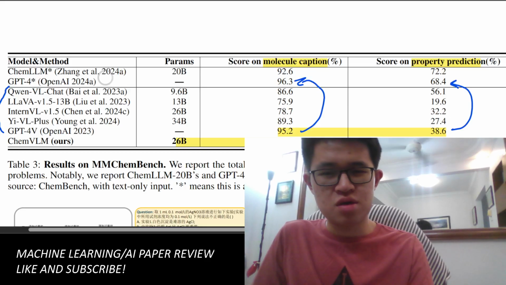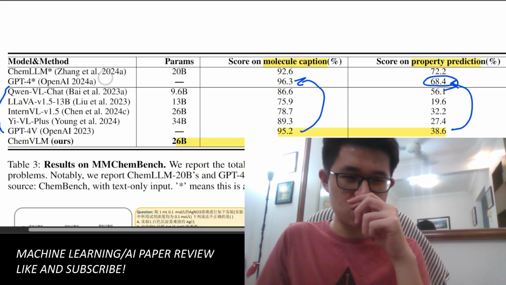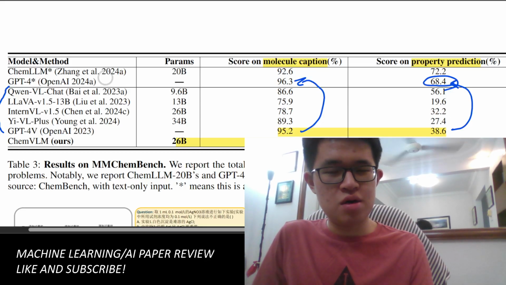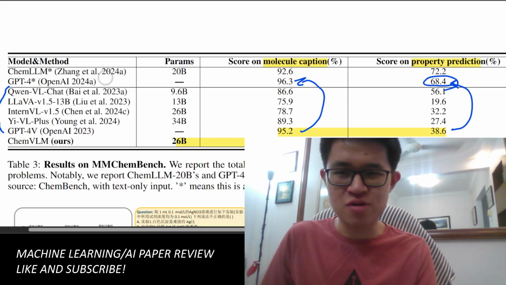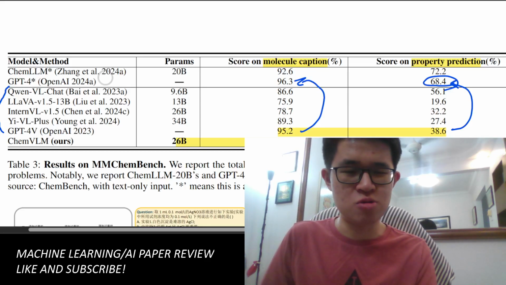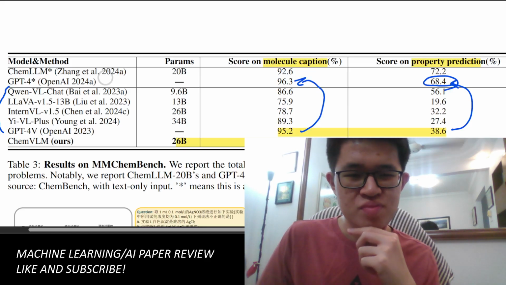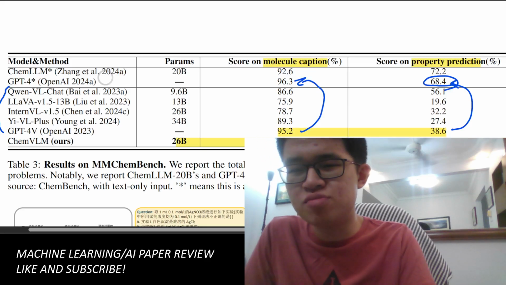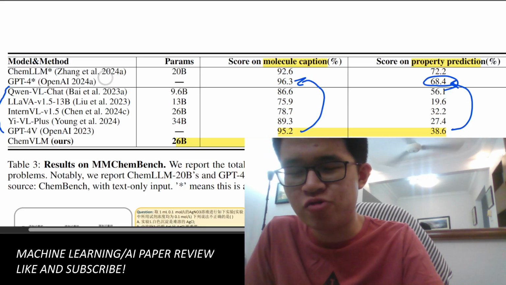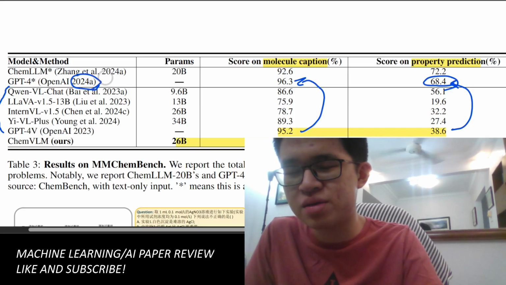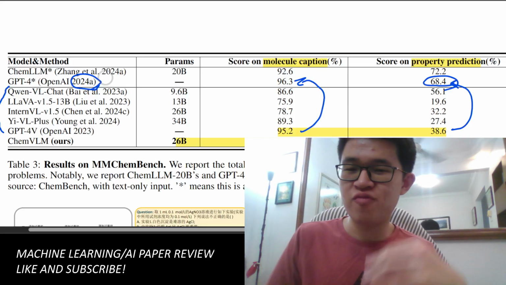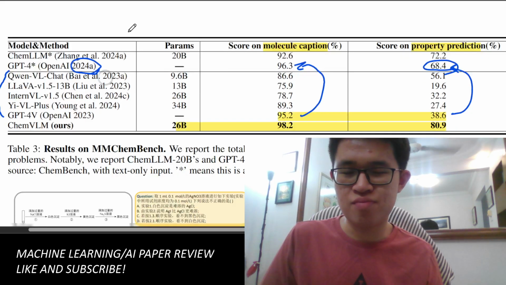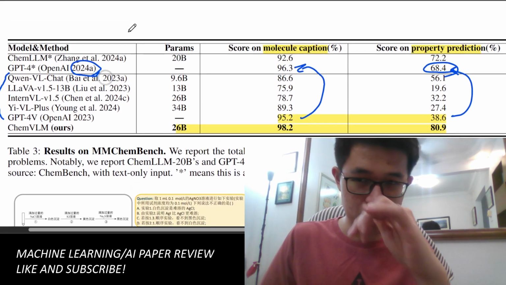Because just by using text, it is able to score higher accuracy in captioning and property prediction, and not even using additional information. But I assume that maybe at OpenAI, they might have made some recent changes that allow that improvement to happen. But we can't be sure about that.